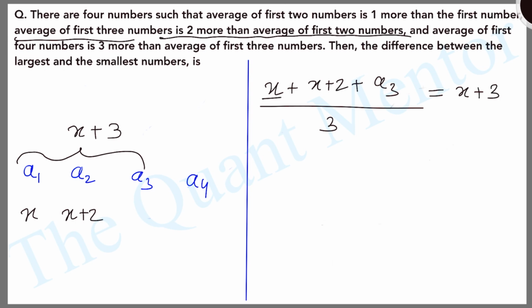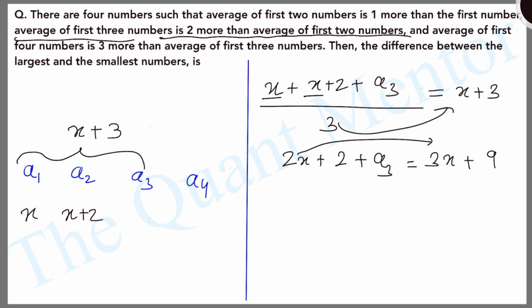So we have 2X + 2 + A3 is equal to 3 times (X + 3), which is 3X + 9. So we will get 2X and 2 on the right hand side. A3 will be 3X minus 2X, which is X, plus 9 minus 2, which is 7. So you got A3 as X + 7.